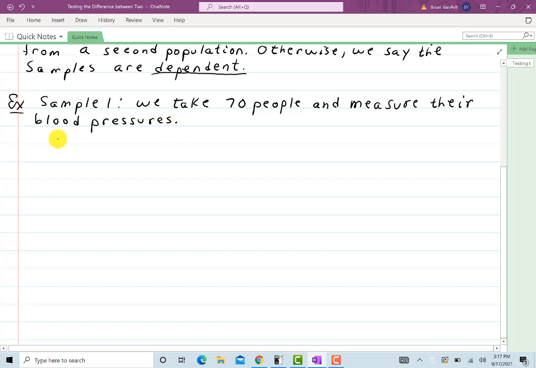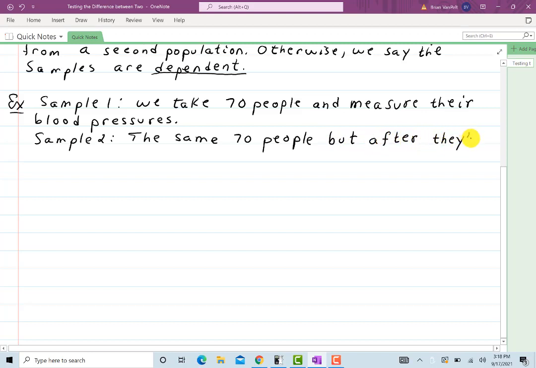Sample 2, the same 70 people, but after they've taken Benicar, a blood pressure drug.